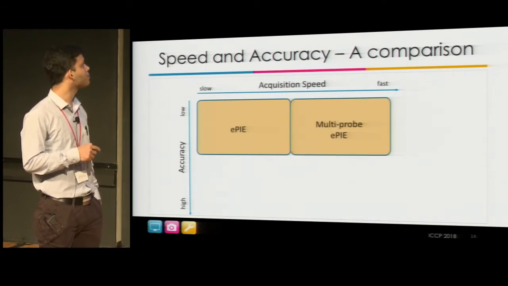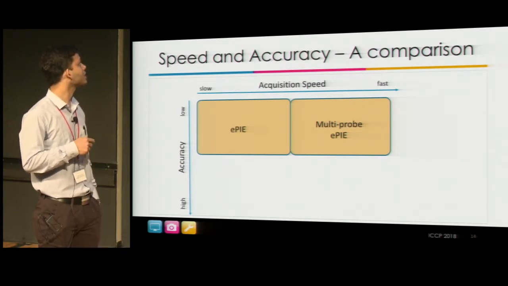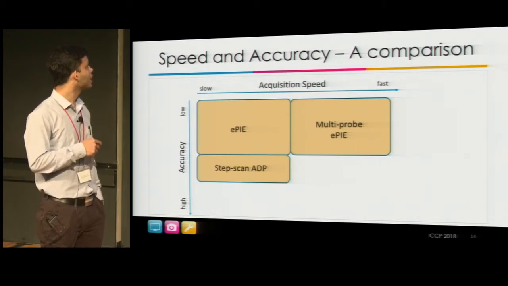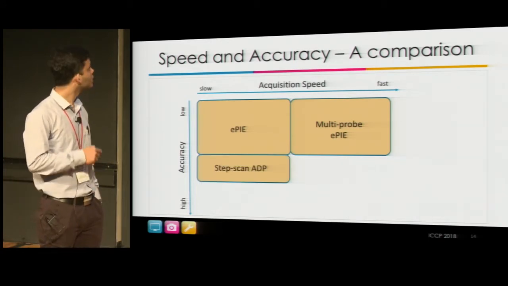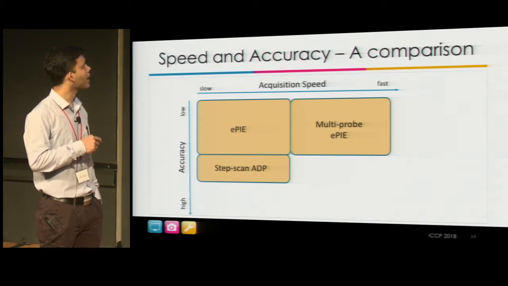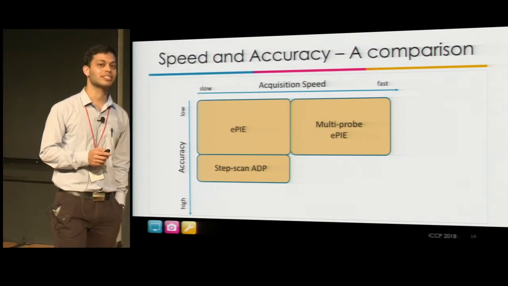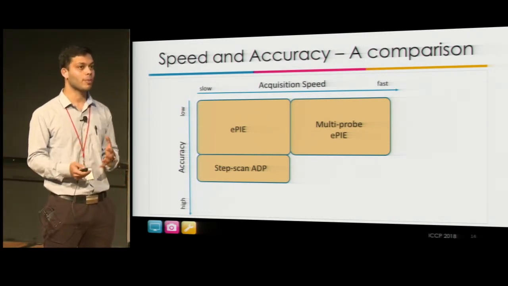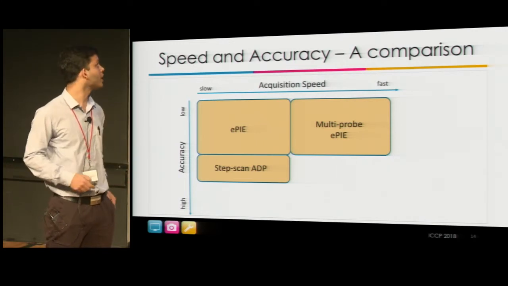Also, the multi-mode ePy, which models the fly scan, is faster, but it achieves the same accuracy as that of ePy. Then we talked about Youssef's step scan ADP, which again gets better accuracy than ePy, but I have only given half a block to it because it's not a complete algorithm, and you need to be able to retrieve the probe as well to call it a complete algorithm.